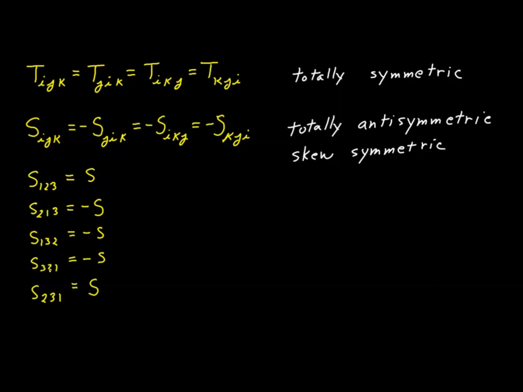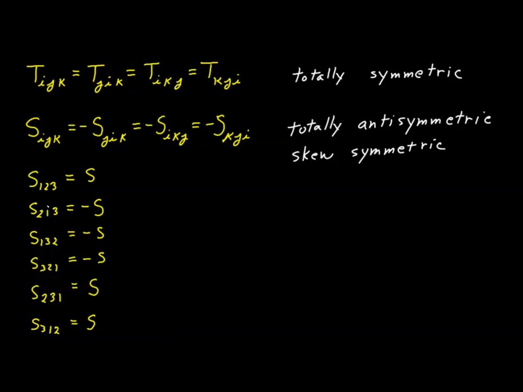We're going to take S321 and flip the indexes, and we're going to get S312, and because I have a negative here, this one's going to be positive like that. Okay, now what I've got at this point is all of the permutations for 1, 2, 3. You've got 1, 2, 3, 4, 5, 6. Those are the 6 ways that we can permute indexes 1, 2, and 3.